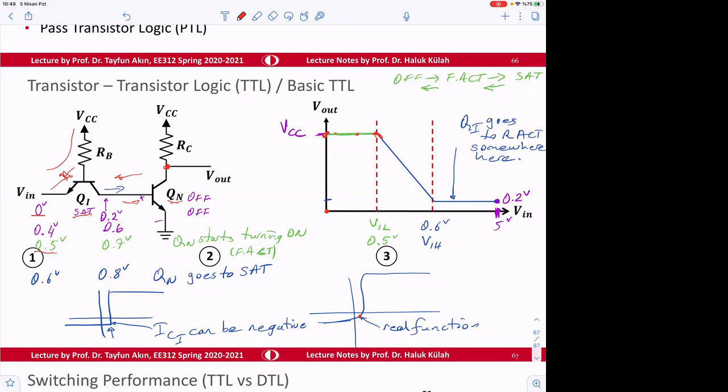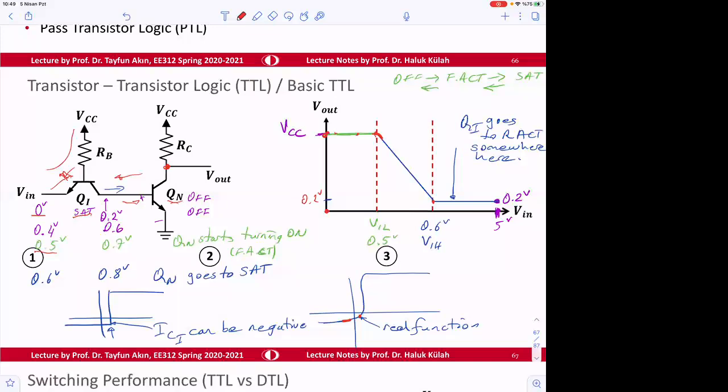And then quickly, when the input becomes 0.6 volt, QI remains in SAT, but QN goes to saturation also. Therefore, the output voltage becomes 0.2 volts.